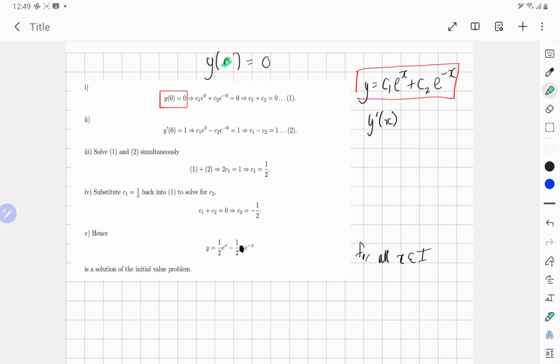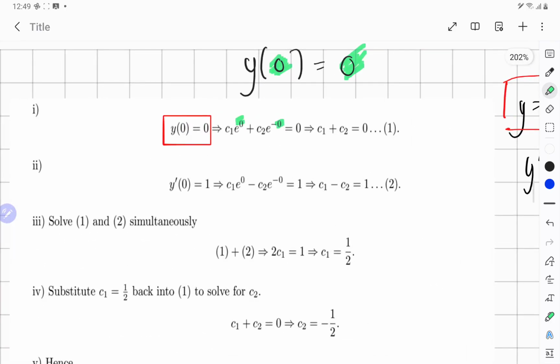Hence, when x is 0, y is 0. That's why I've replaced x with 0 here, and I make y equal to 0. And by now you should know e to the 0 is 1. So therefore I got my first equation there.